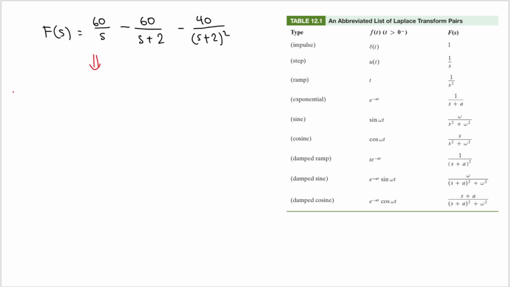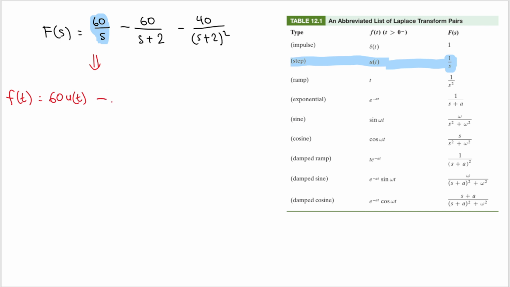So we will have f(t). 60 over s is 60 multiplied by 1 over s, right? So we will have the step function here, which is 1 over s. Therefore, we will have 60 u(t), because 1 over s is u(t) in the time domain.